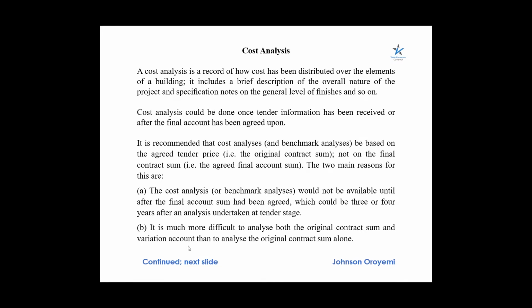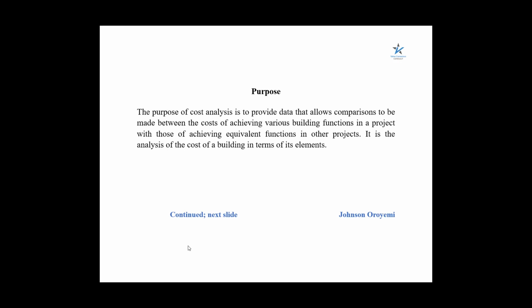If we wait till after the final account sum has been agreed upon, then analyzing the cost of a project will be cumbersome, because we have to analyze both the original contract sum and the variation accounts that happened in the process of executing a construction project.